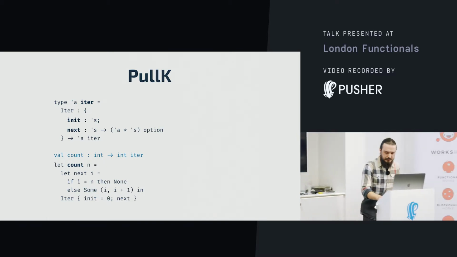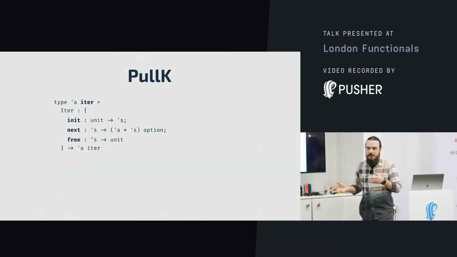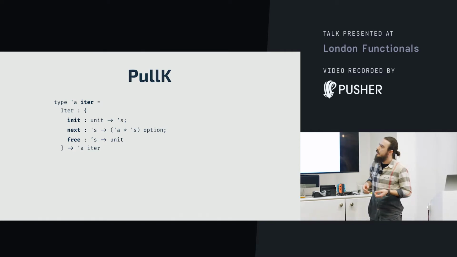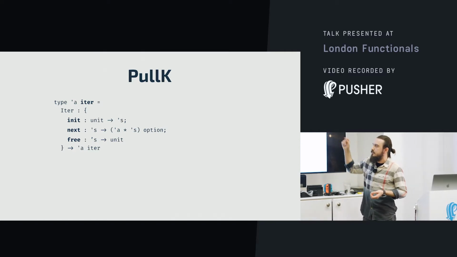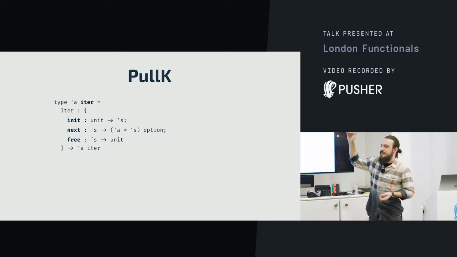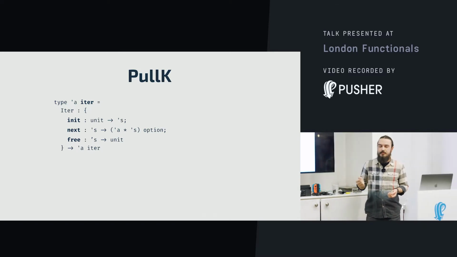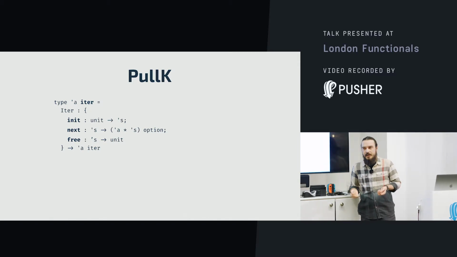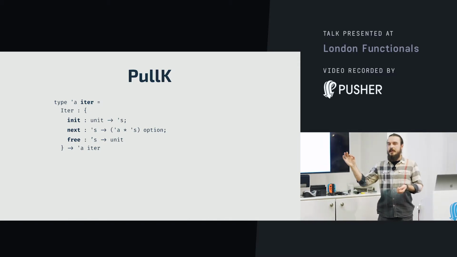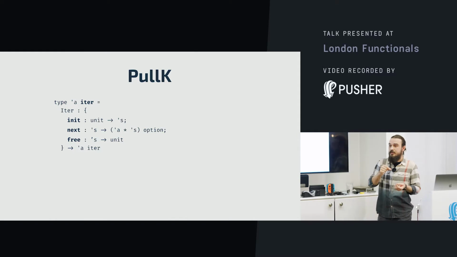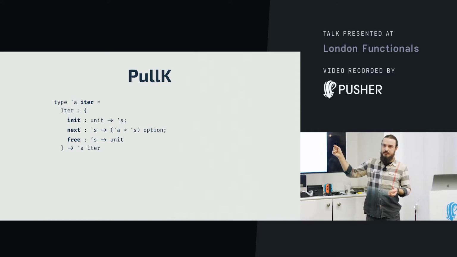Now I also mentioned that we want to make this safe, so I decided to include these two helper functions, init and free. Init protects the state from being unnecessarily initialized. So for example, if you create an iterator and then immediately say take 0, the producer is not going to even open the state in the first place.